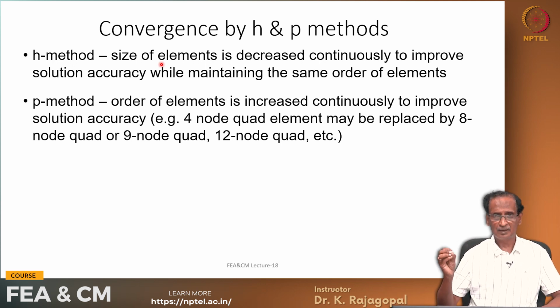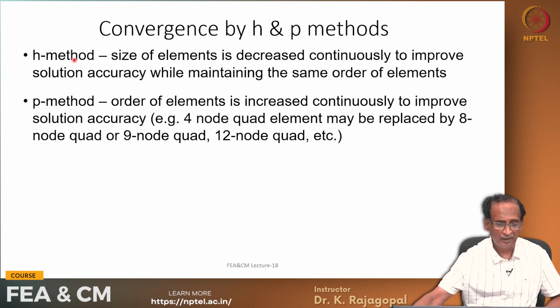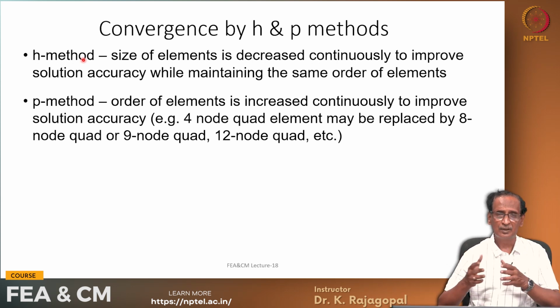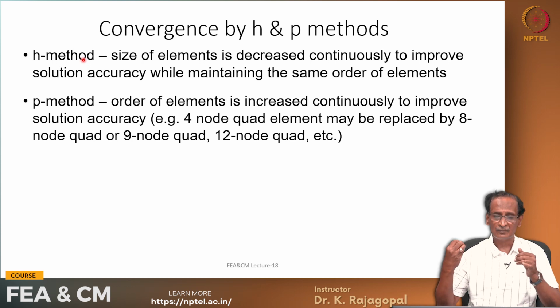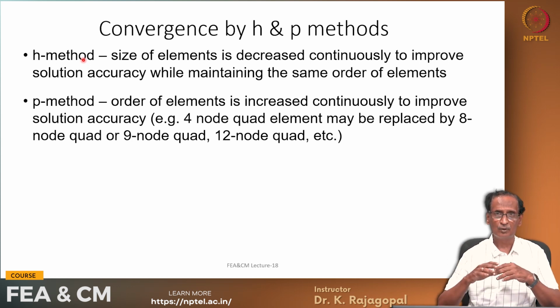Or in some cases, we identify some critical point and then around that we refine the mesh, make it finer. And in this H method, we are not going to change the type of element. Like if you have a 4-node quadrilateral, we continue to use the 4-node quadrilateral everywhere.